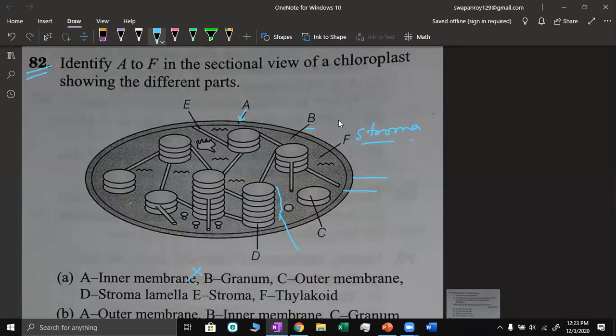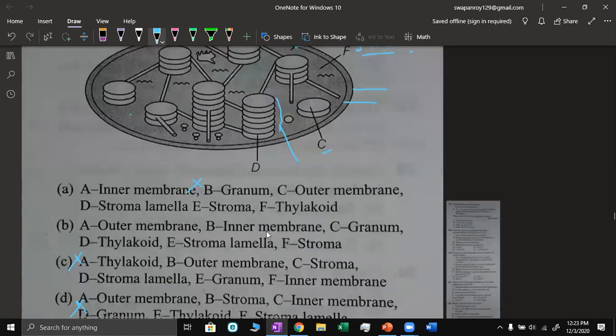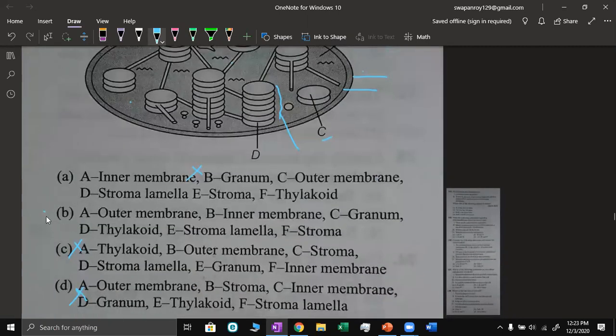A, B will be up to here, that is the inner membrane. Outer membrane, inner membrane. E is stroma lamellae. F is stroma. C is the granum. D is thylakoid. Right? Then B is the option. Option B is correct.